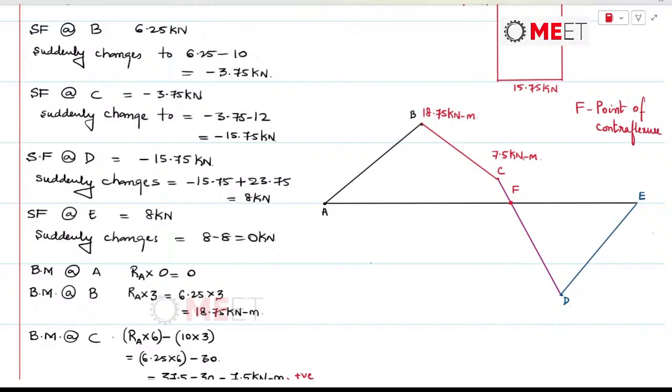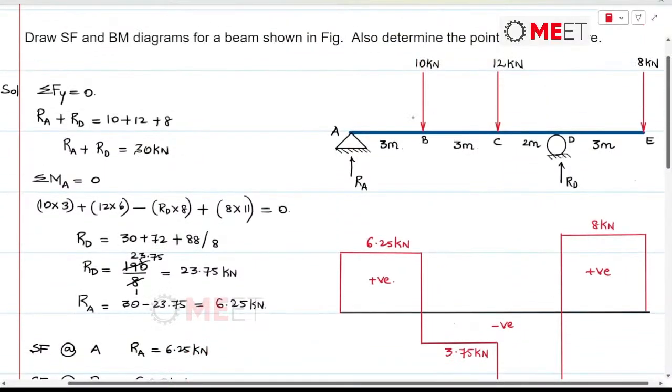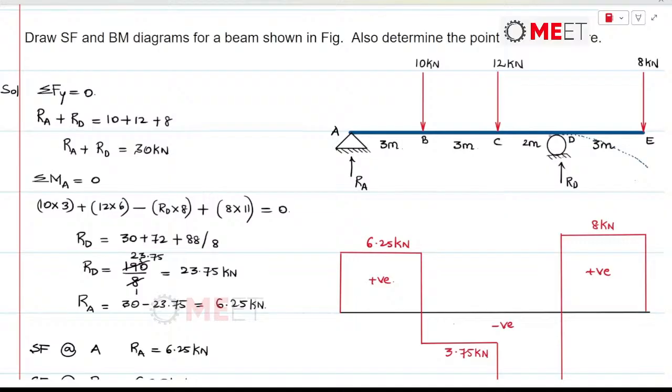So here, if you go back to the loading diagram, due to the load at E, the beam is going to take a deflection like this, and again, due to the support, there will be a change. And here, once we cross the support, due to 12 kilonewtons, the beam is going to take a shape like this, or this will be the deformation shape of the beam.